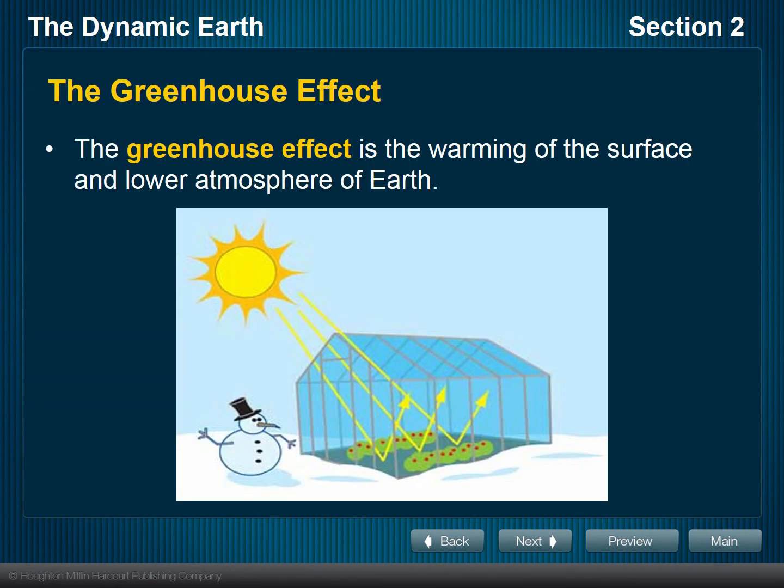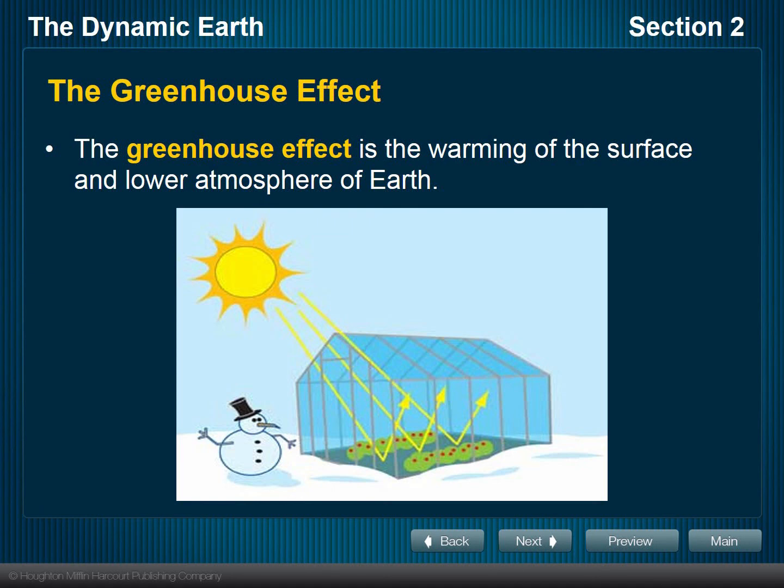The greenhouse effect is the warming of the surface and lower atmosphere of the Earth. Without the greenhouse effect, Earth would be too cold for life to exist. The gases in the atmosphere that trap and radiate heat are called greenhouse gases.